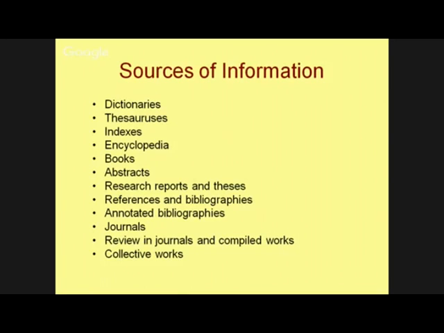Then books depend upon whether the book has a logical relationship among the chapters and is written by a single author or two authors, or it is a collection of chapters by different authors. So if you have a collection, the thread is missing from one chapter to another.